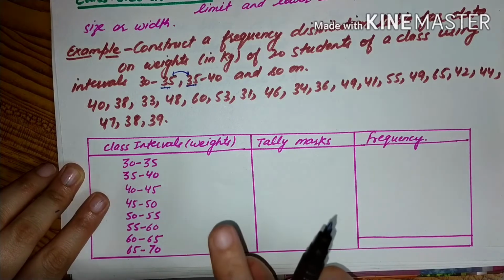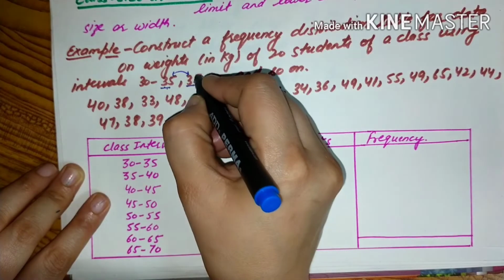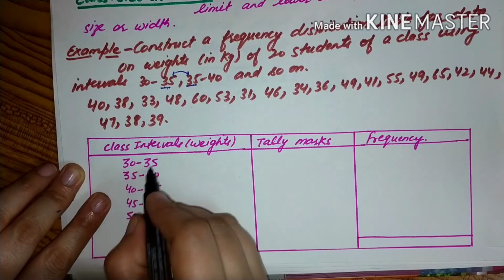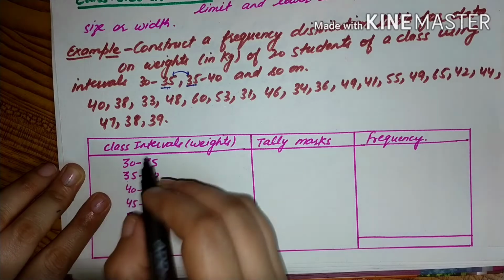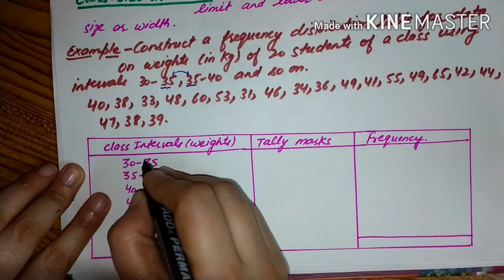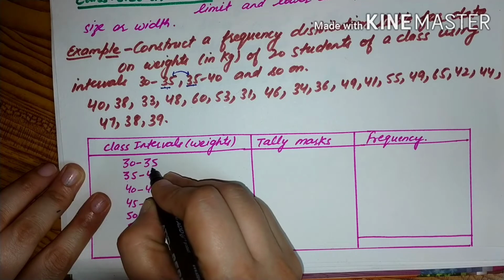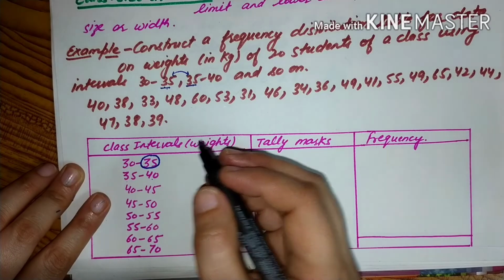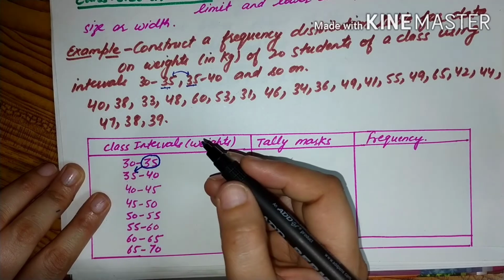So in this case, the question arises, where should we take 35? Because we are using 30 to 35 and 35 to 40. So where should we use 35? The answer is that the number which is the upper class limit of the class interval will always be included in the next interval.